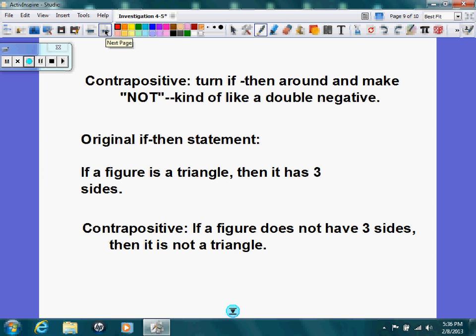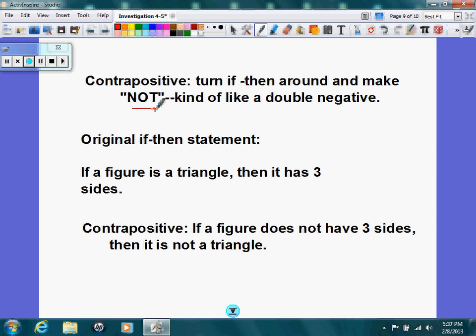Well, what is the contrapositive? You turn the if-then statement around and make it not. Kind of like a double negative. The original statement was if a figure is a triangle, then it has three sides. The contrapositive of that: you turn it around, you put the three sides first, and you make them not.